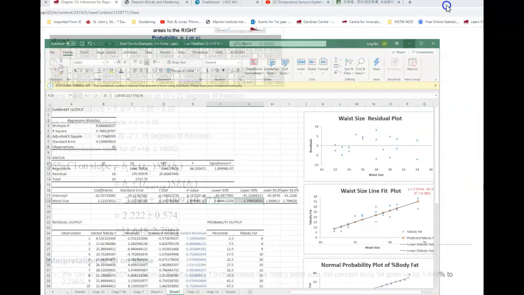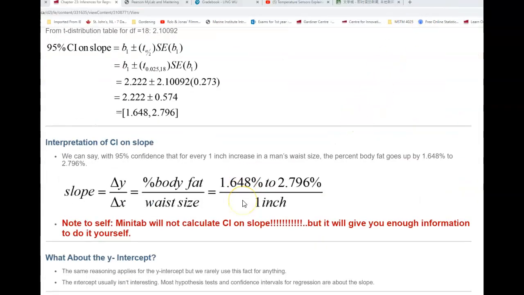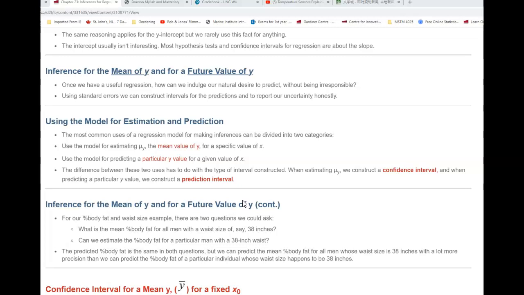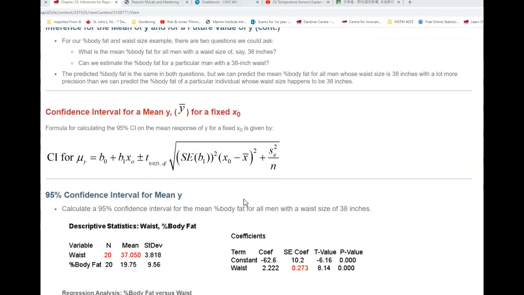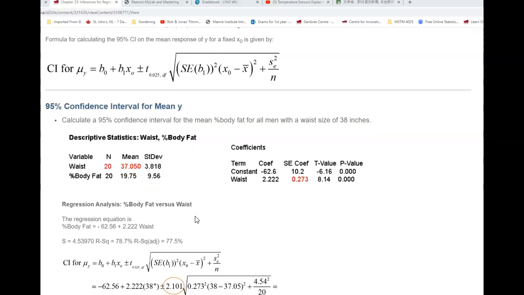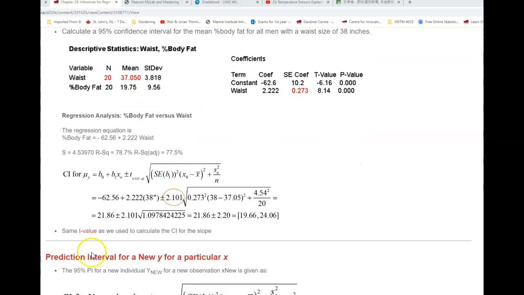And continue with the notes. We have more on this one. We want to do the confidence interval for a mean value Y for a fixed X value, and also we have the prediction interval, which is for an individual: given an X value, predict the individual Y value.